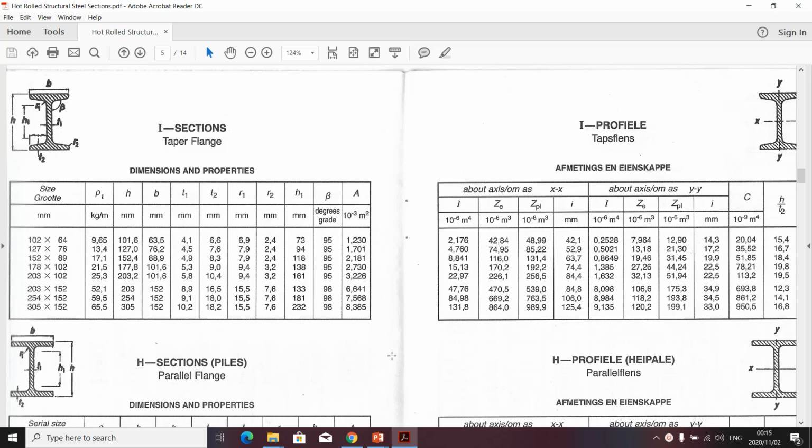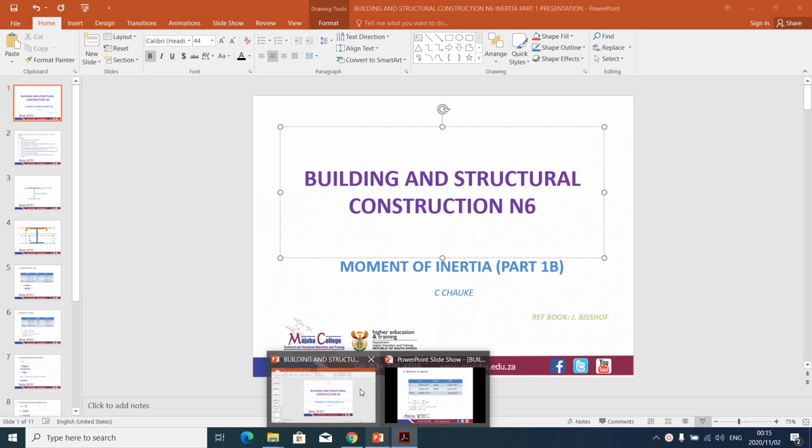So that's very important. So here our inertia is 22.97, right?